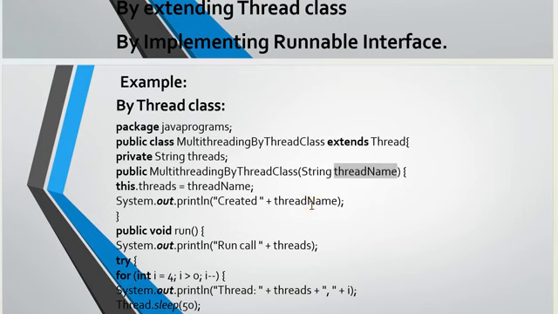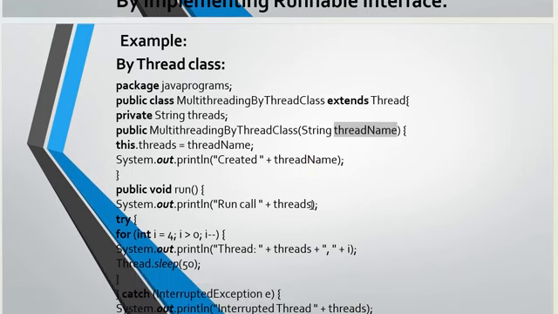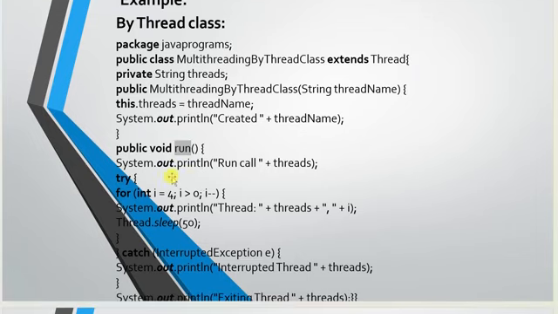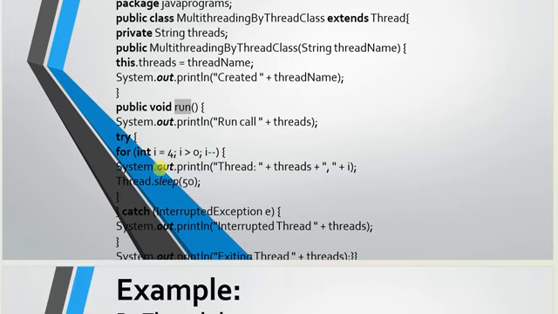We'll see how it is printing and how it is assigning one thread to another thread. This is the run method, which will actually do the task. The task here is simply a print statement. Inside that try block, we are taking a for loop, and inside that we are printing one.